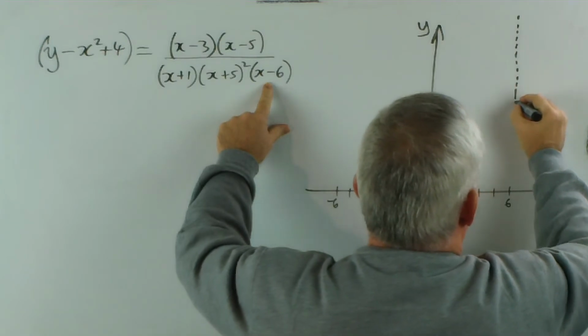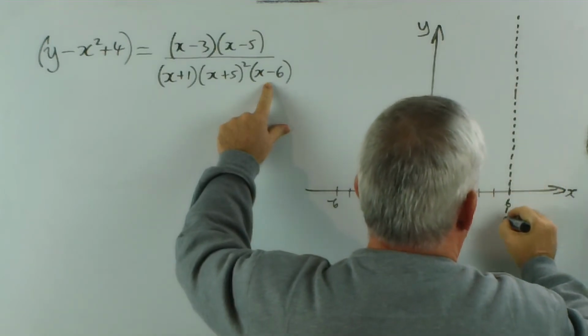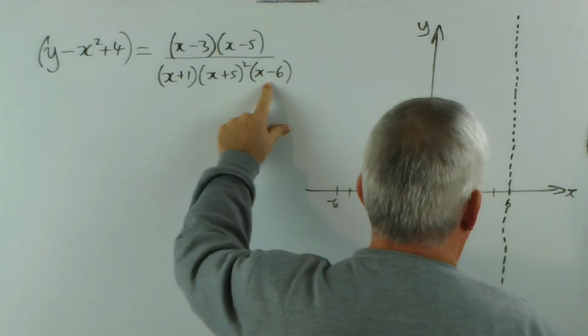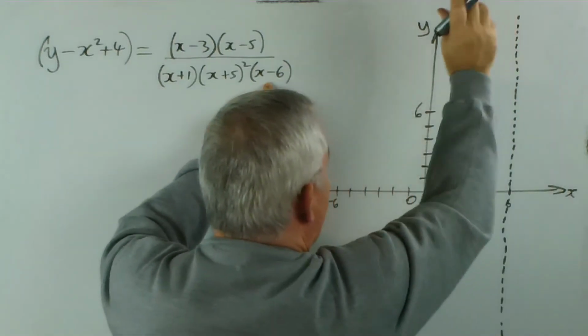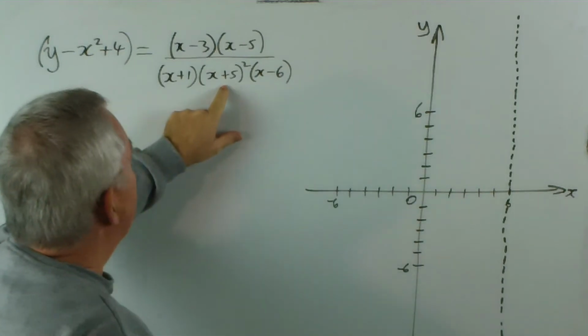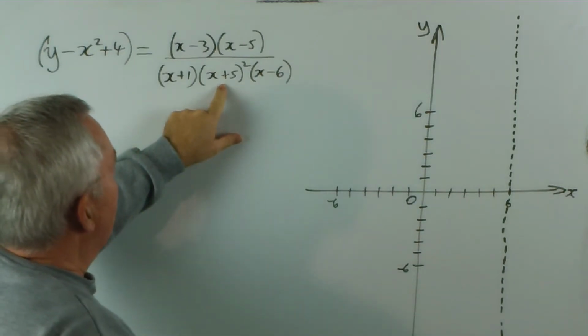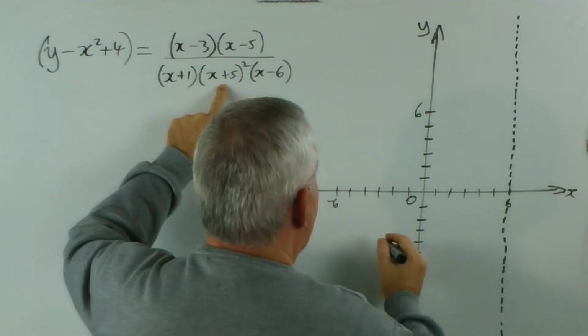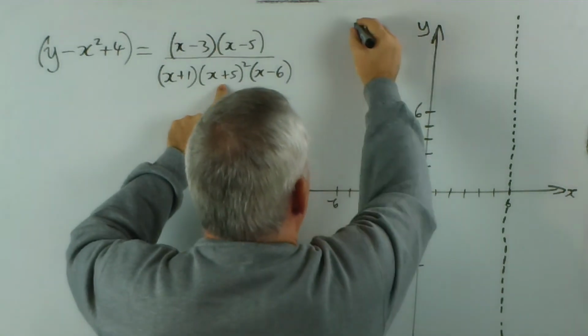I think I've just determined what's going to be a bit of a problem here. This parabola is going to go skyrocketing and not reach here, so I'm going to have to do a little bit of a fudge. X equals negative 5 will be another one. Negative 5 is over here.